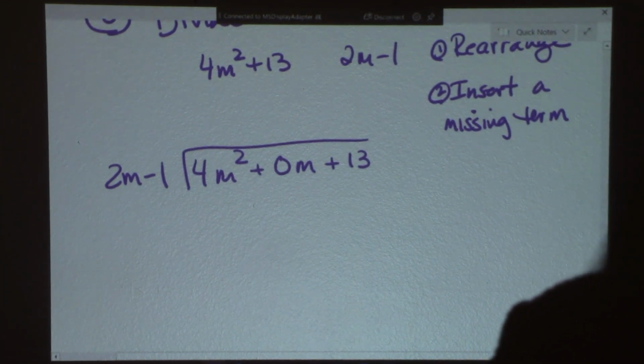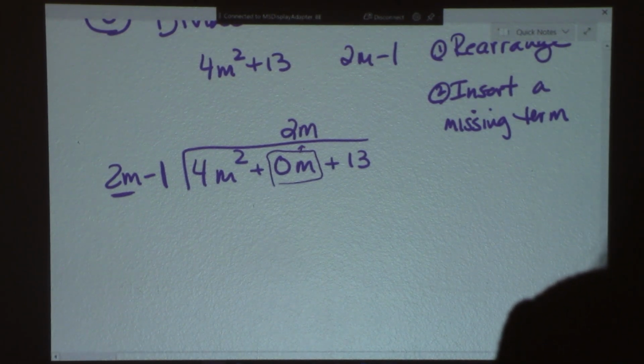So what do I multiply 2m by to get 4m squared? Well, 2m. But where am I going to put that? I have a second term here, so I'm going to put it here. Already we're using it. Do you see? By having this in place here, I have room on the bar up above to put an m term.